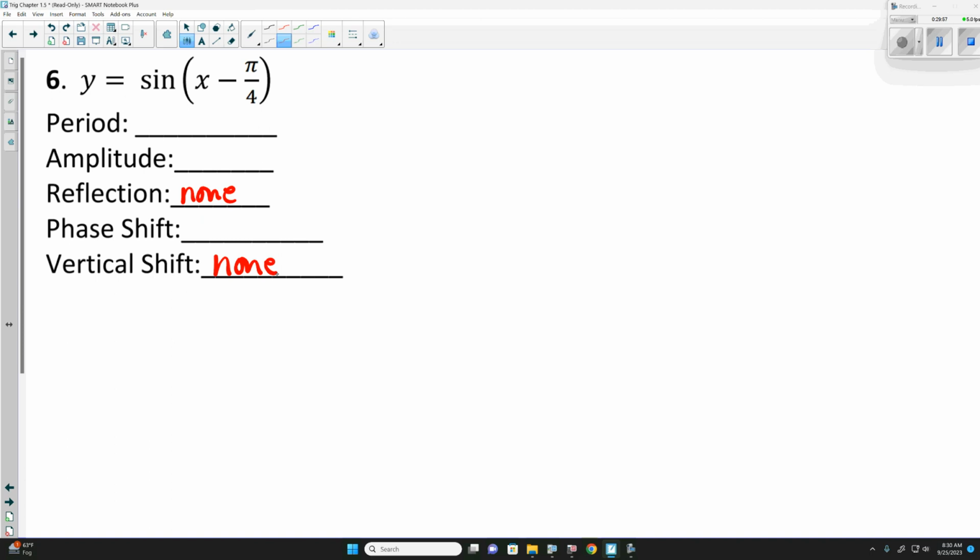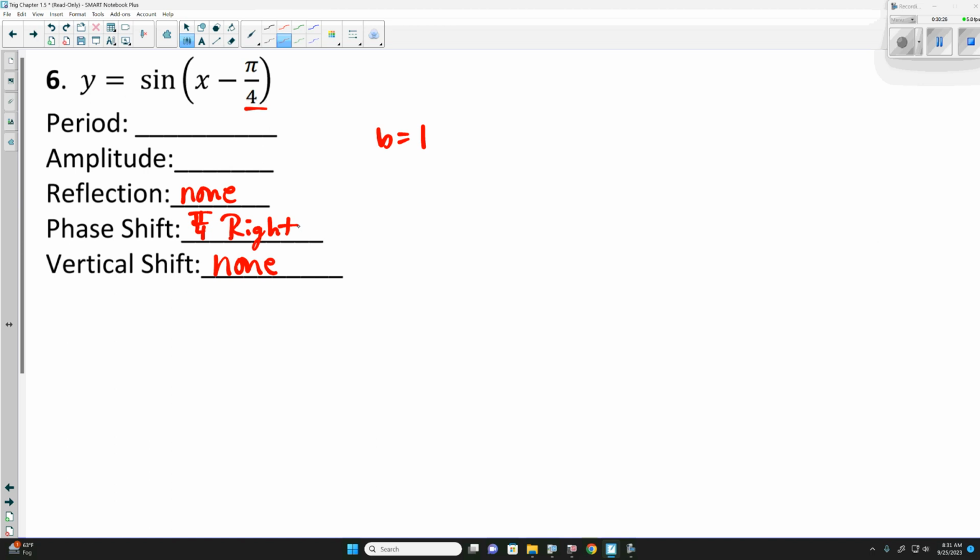Well, we do have the pi over 4, yes? Well, what's our value of b? 1. So the phase shift would be whatever that value is divided by b, which is just pi over 4 divided by 1, which would just leave us with pi over 4, and we would move to the pi over 4 right.